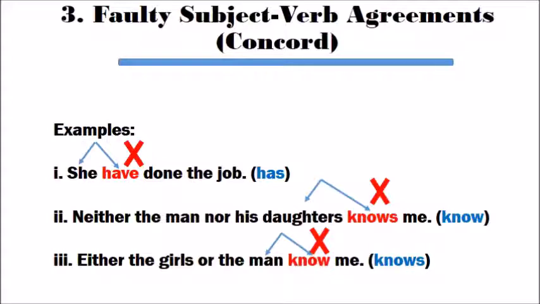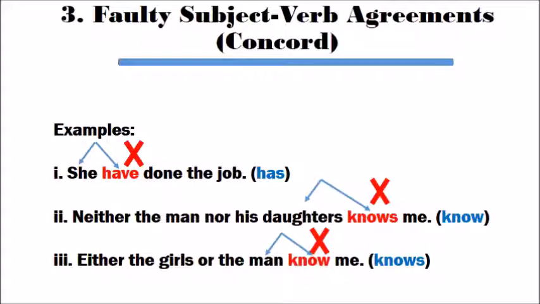Two: "Neither the man nor his daughters knows me." Now look at what we have here. We have two subjects, so to speak, standing, the man, daughters. It's possible that we may be struggling to pick the one to go. Some people pick the first one, some join the two together, but this should not be.